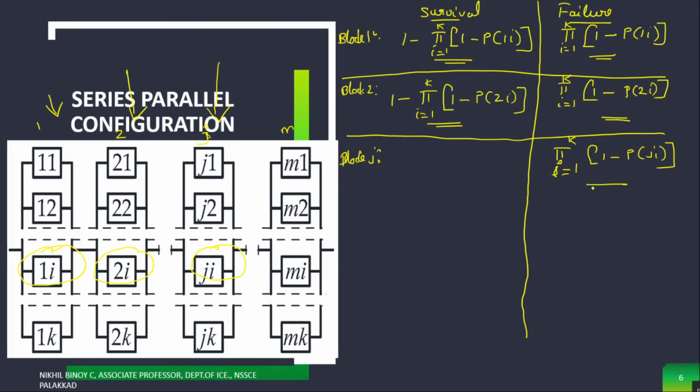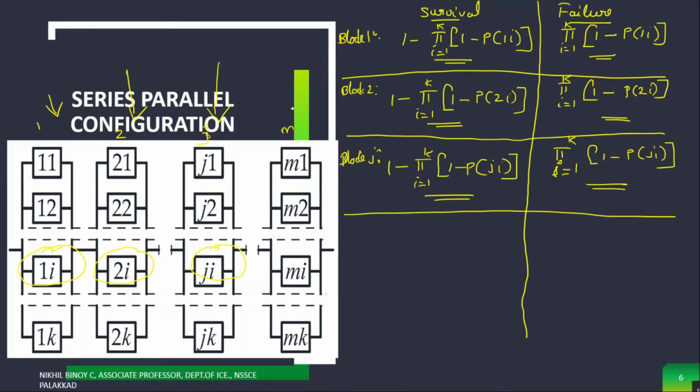So this one is the probability of failure of the jth block. Now the probability of survival of the jth block is 1 minus the product of I equal to 1 to k of 1 minus P of Ji. So this one is the probability of survival of the jth block.